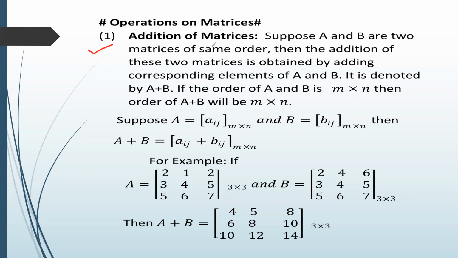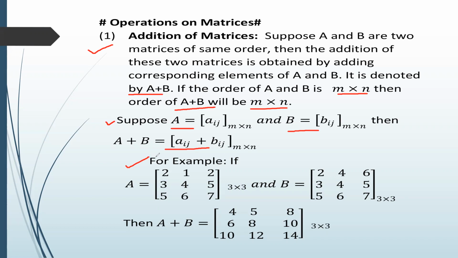Then the addition of these two matrices is obtained by adding corresponding elements of A and B, and it is denoted by A plus B. If the order of A and B is m by n, then the order of A plus B will be m by n.